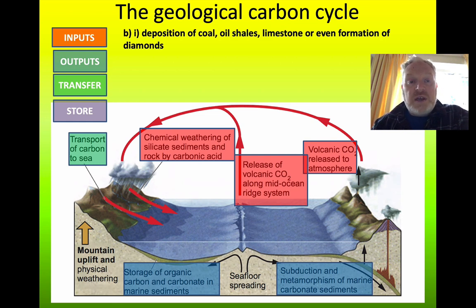So, as we said, the removal of carbon from the atmosphere is all about deposition of these carbon-rich rocks, coal, oil shales, limestones that we talked about in theme 4. You can even argue diamonds, I suppose, are going to be the most permanent store of carbon in the geological carbon cycle.